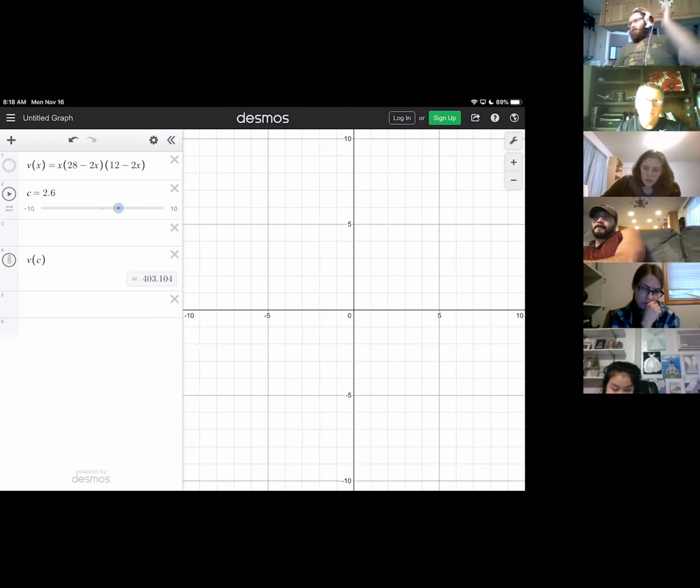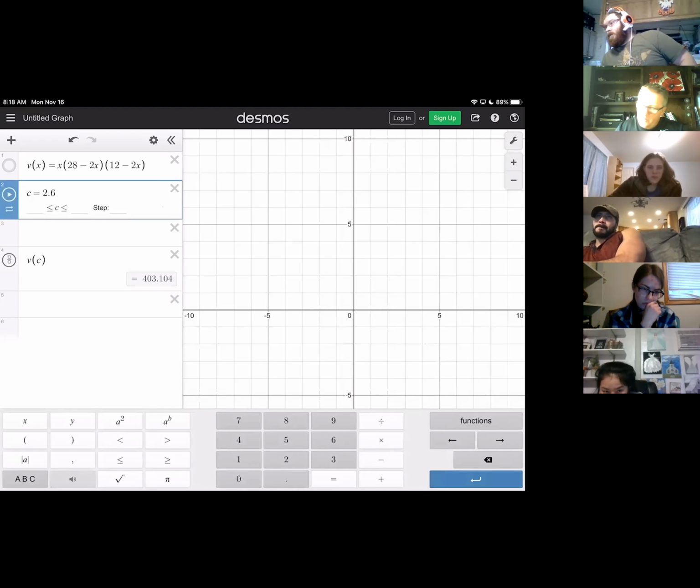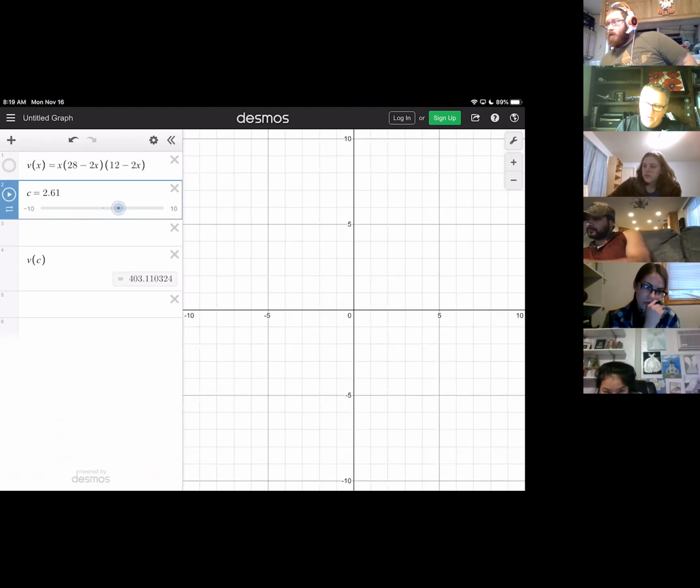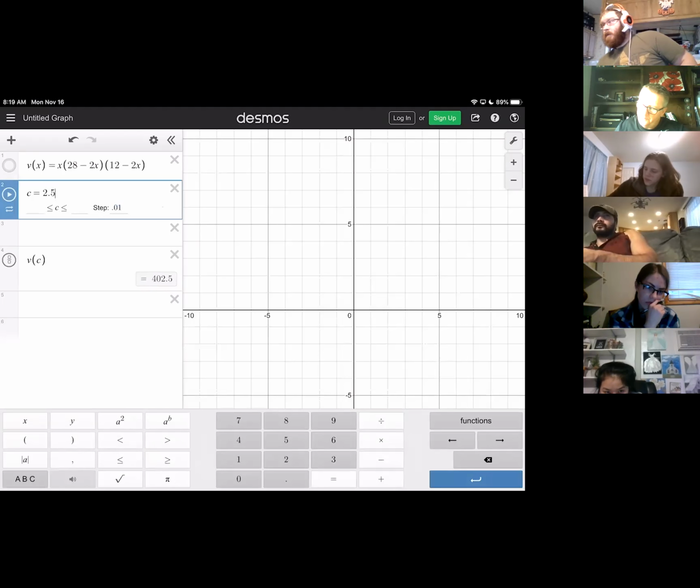So would you agree that's darn close, and close enough for somebody actually building this box? Does it really need to be 4.21795 or whatever? I don't think it needs to be quite that accurate. I think I can play around with that step right there so I can slide it a little more accurately, and it doesn't seem to want to do that.